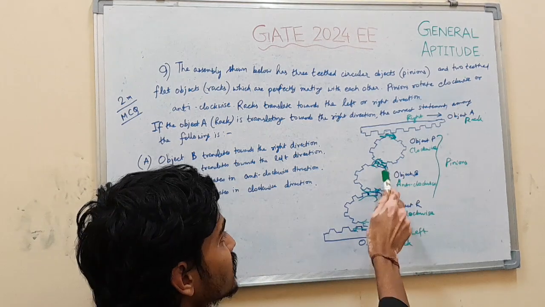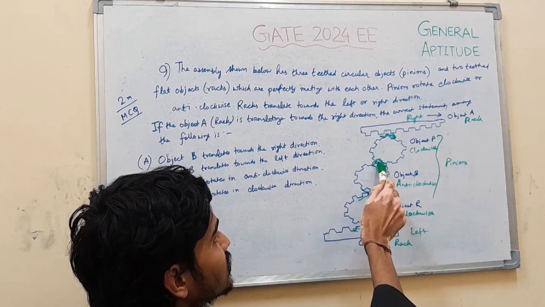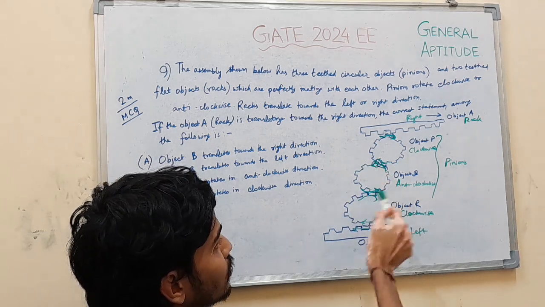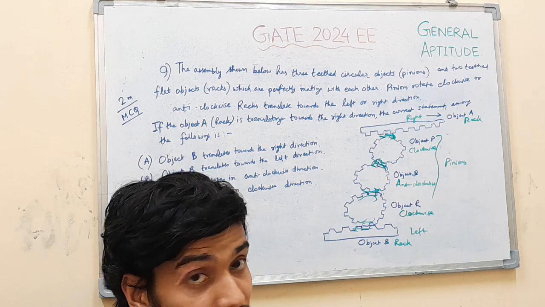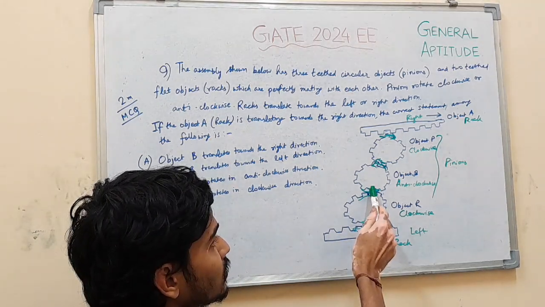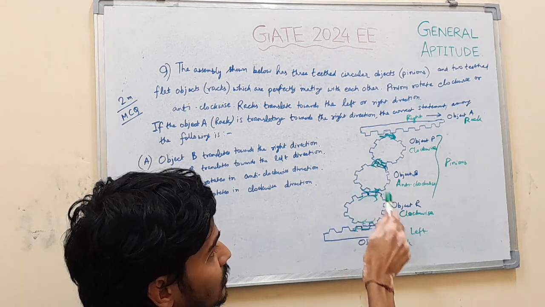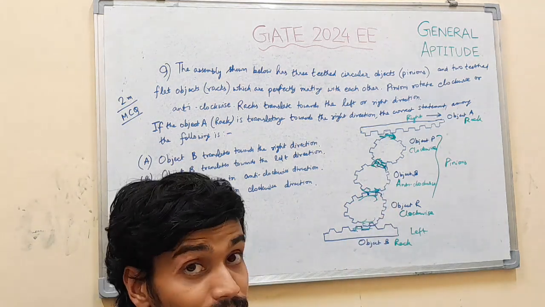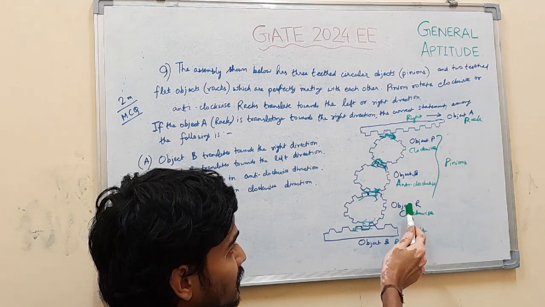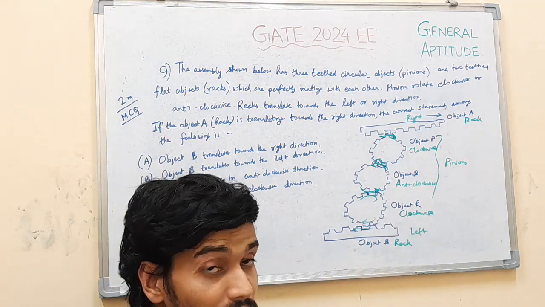So it will make object Q, which is another pinion, rotate in this direction, anti-clockwise. Object Q pinion will rotate in anti-clockwise direction. Again, these teeth are meeting, so object R will again move in the clockwise direction.